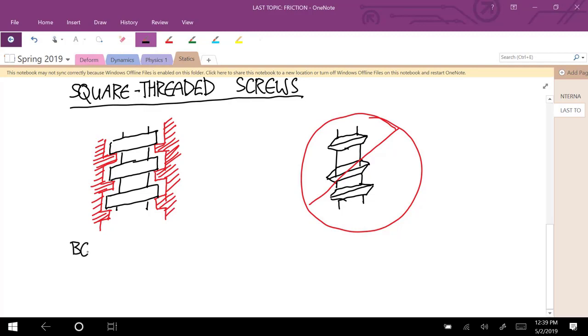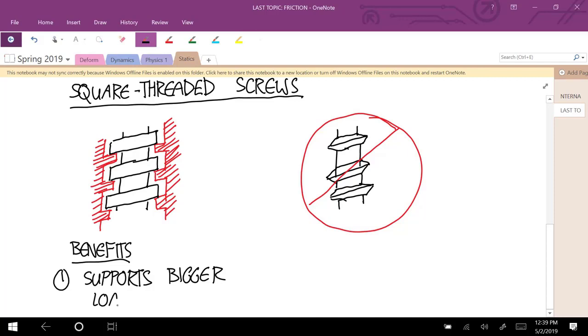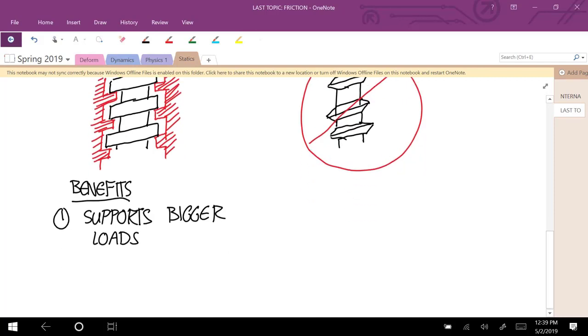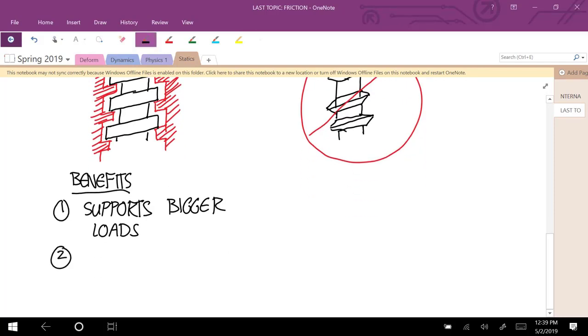The benefits of this are that it can support much bigger loads. And it also has the benefit that the forces applied by the surrounding threads to the threads of the screw don't do damage to the threads because of the direction that they're.